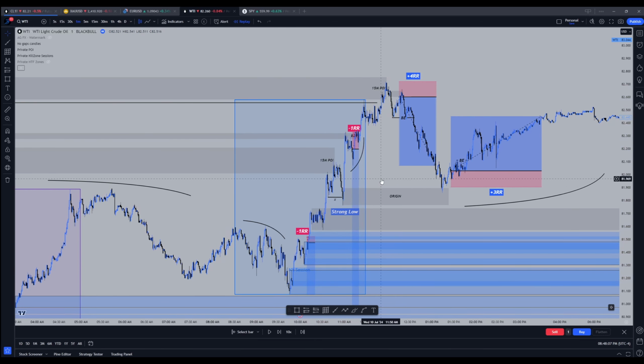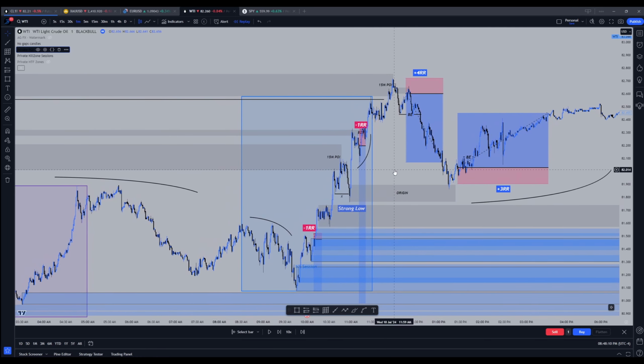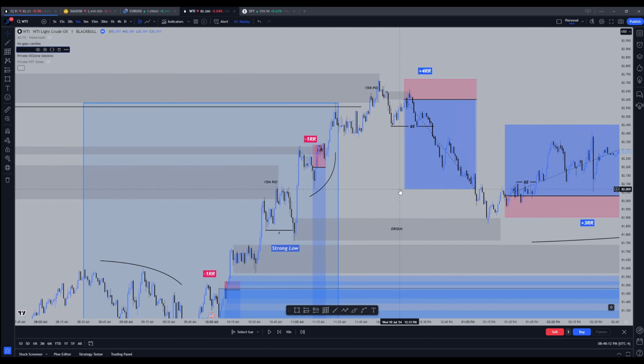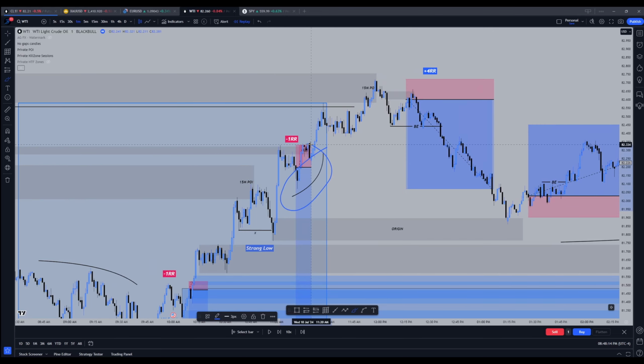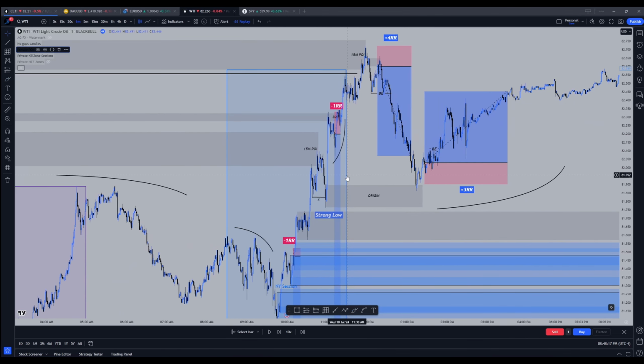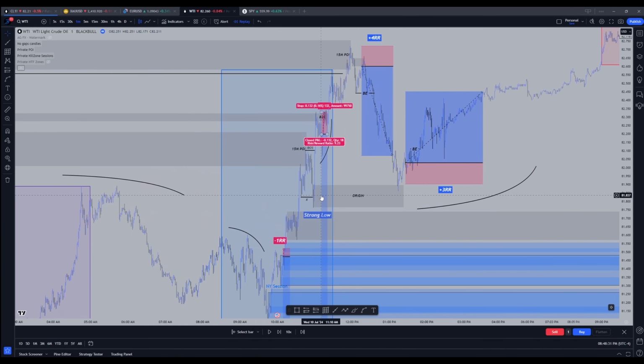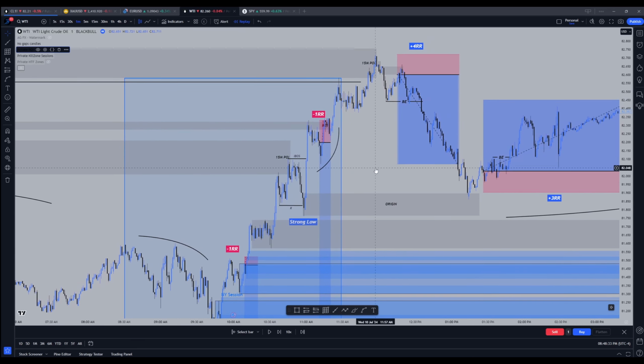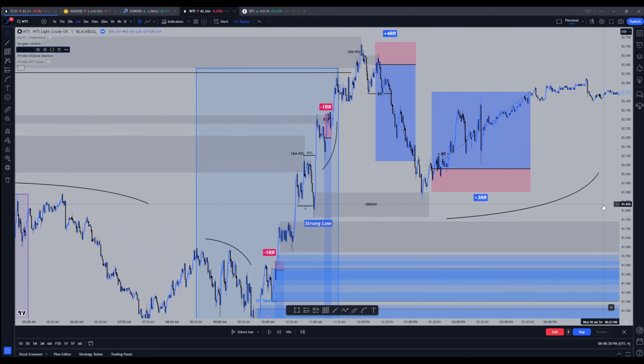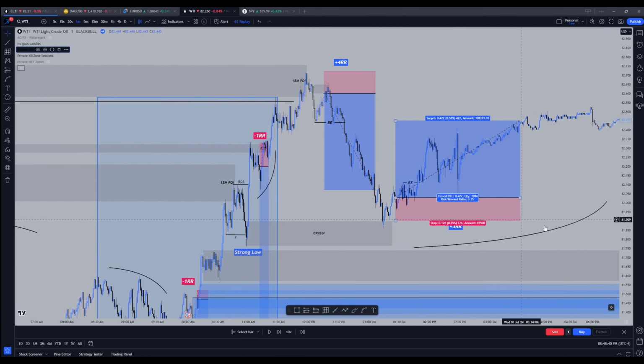So below 50%, we had an origin, and while it was this very good POI, we had inducement up here taken out, and we had this POI create an internal break of structure. It's nice confluence. And the biggest thing was we took out inducement here. We had inducement here, and we took it out, making this a strong low that I teach you guys in the course. Now this origin, to my view, should likely hold, and that's what happened.